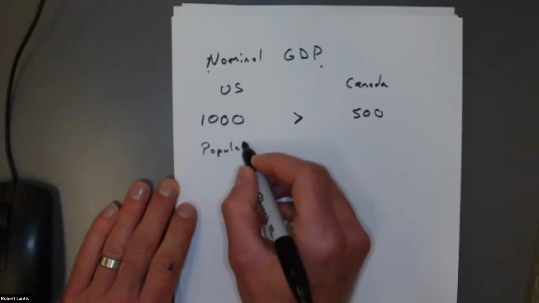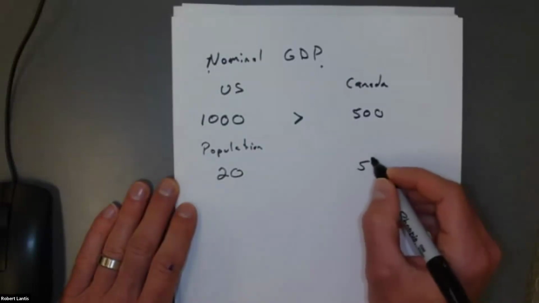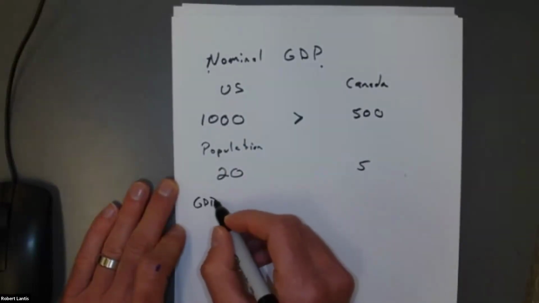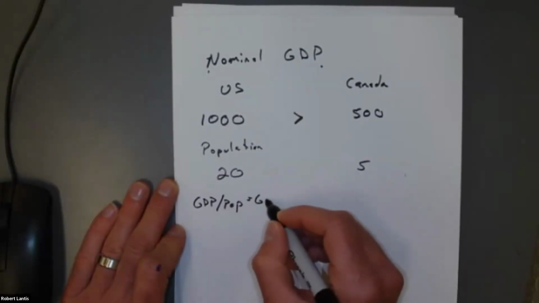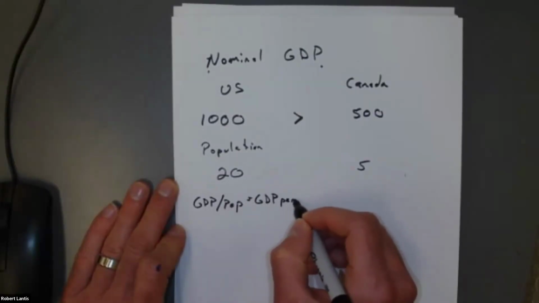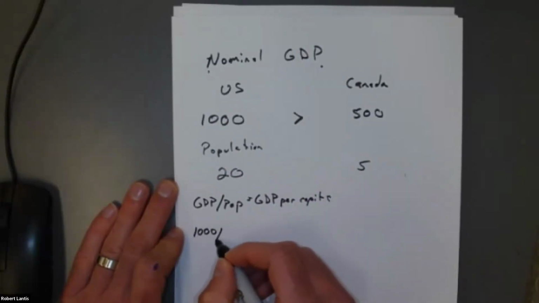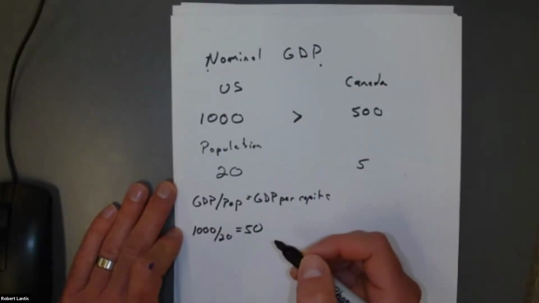However, if the population in the US is significantly larger than in Canada, when I calculate my GDP per capita, or divide GDP by the population, then what I end up seeing is for the US, I get what, 50 here? Right?